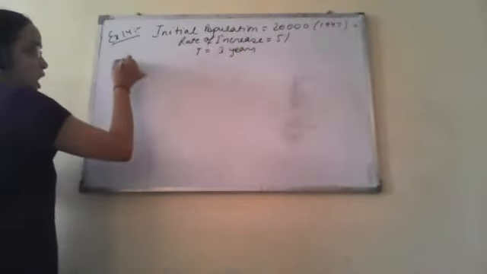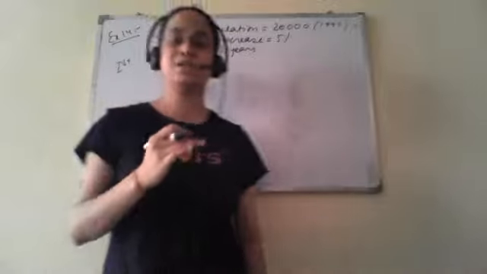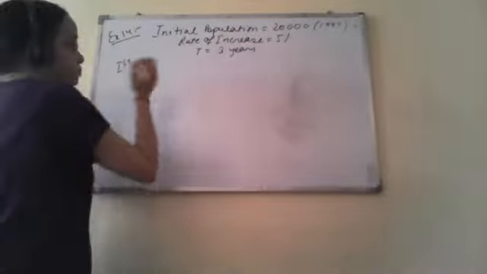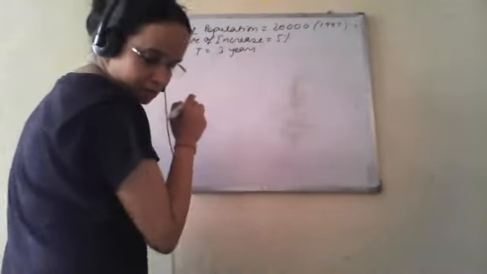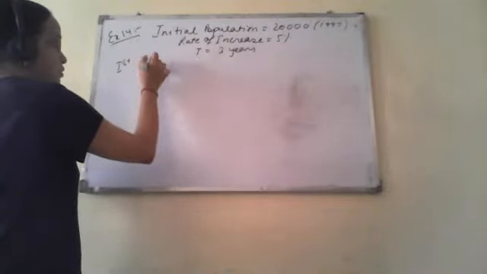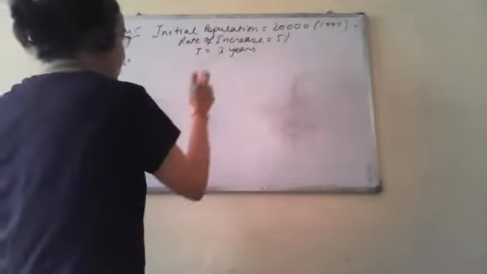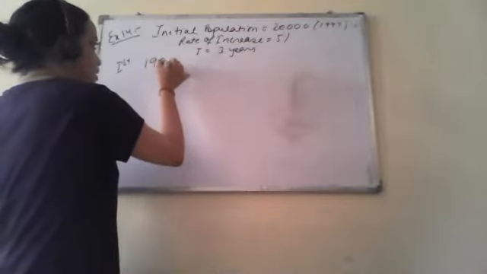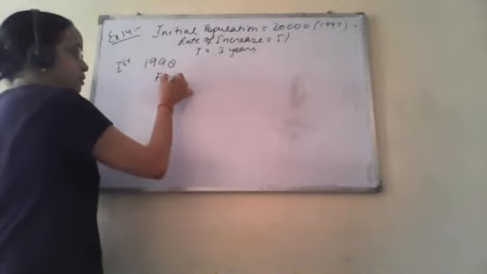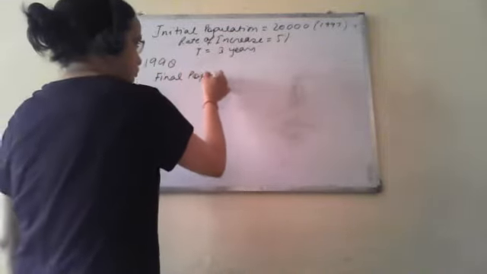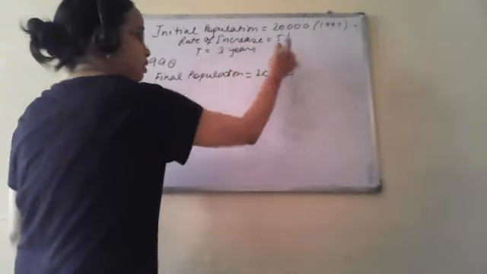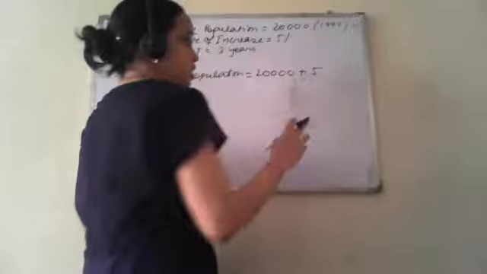Now for the first year, like we calculated simple and compound interest stepwise, it will be the same. So at the end of the first year, that means at the end of 1998, the final population will be this 20,000 plus 5% increase.